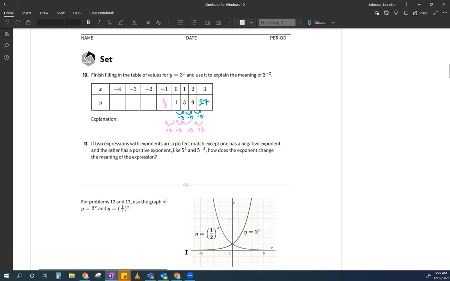Here's my exponential graph. This green one is 2 to the x. Notice it doesn't live on the bottom side of that coordinate plane. That means you don't get a negative. So if I divide by 3 again, I would get 1/3 squared or 1/9. I can continue doing this again and again.